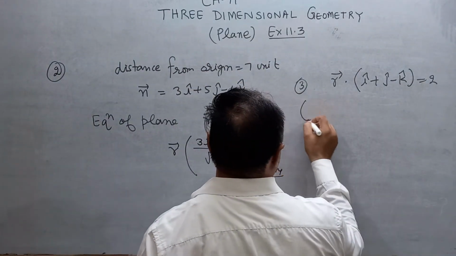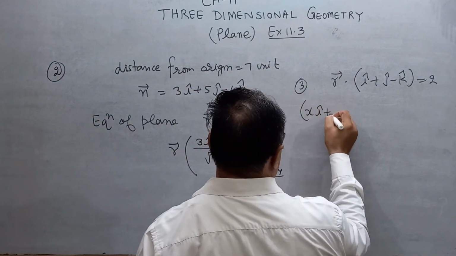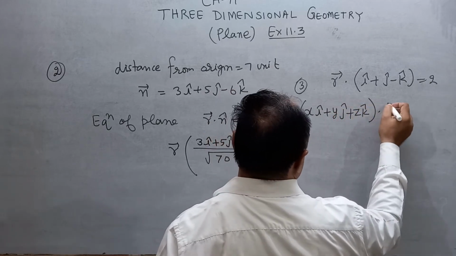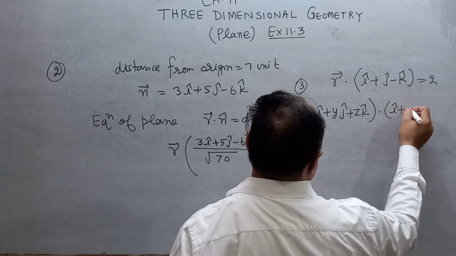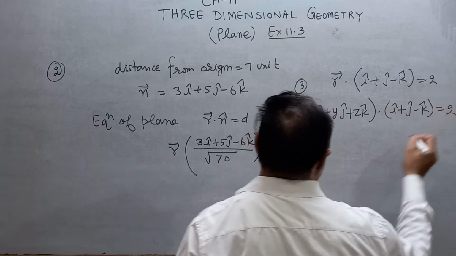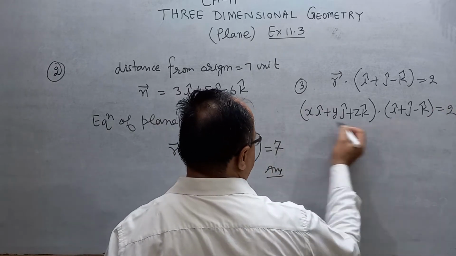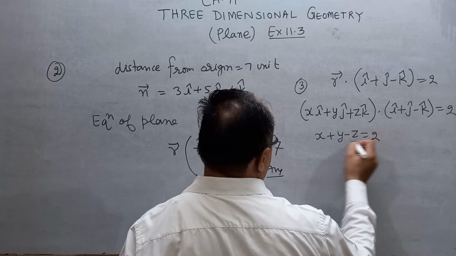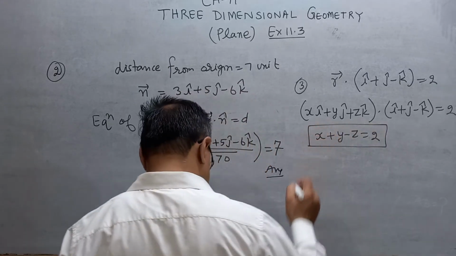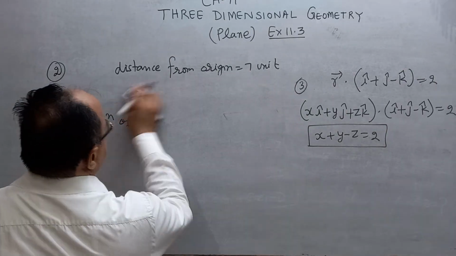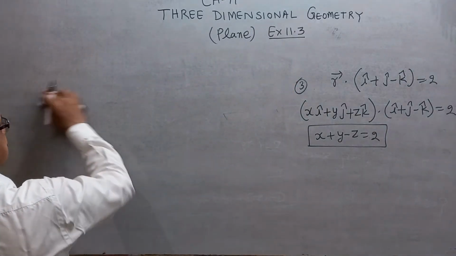The vector r you know very well: x i cap plus y j cap plus z k cap, dot i cap plus j cap minus k cap, is equal to 2. When you multiply i with i, x plus y minus z is equal to 2. This is the answer of this question.